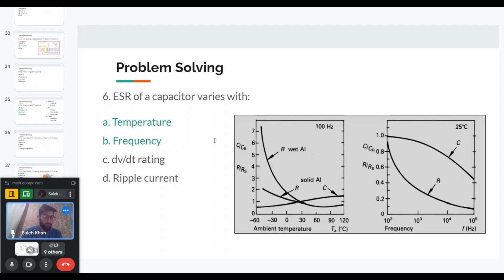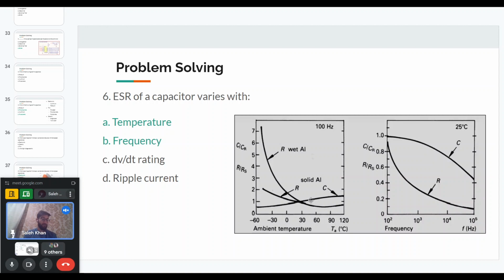Basically, as the temperature changes, the ESR will also change. This also depends on which type of capacitor it is. For example, here there are two electrolytic capacitors shown. One is a wet aluminum electrolytic capacitor, another is solid. As you can see, for the wet case, the variation is a lot more than the solid case.